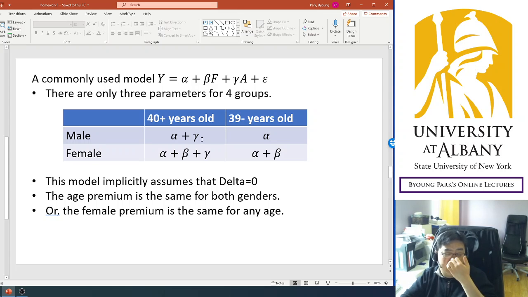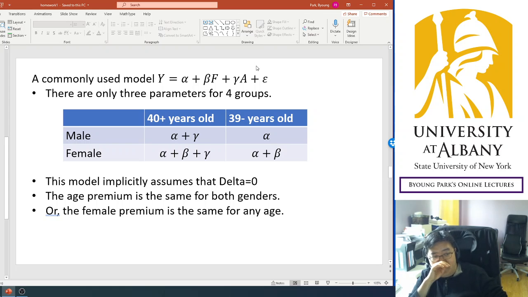Or equivalently, the age premium is gamma for men, and also gamma for women. So the age premium is the same for both genders. That is what we are implicitly assuming in this model.